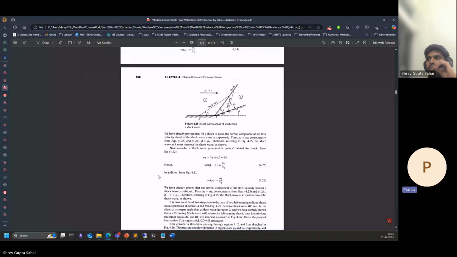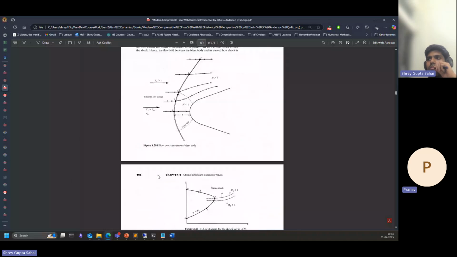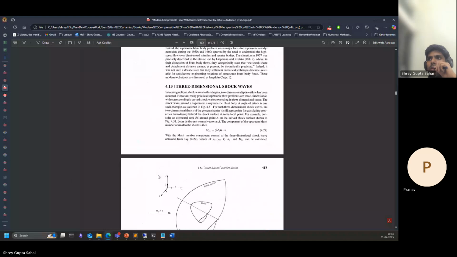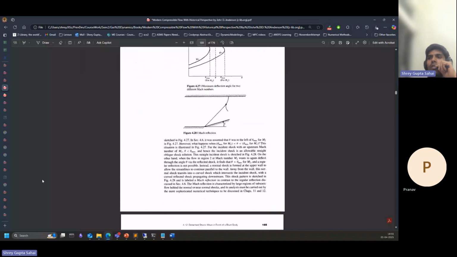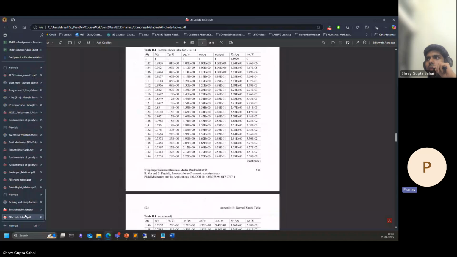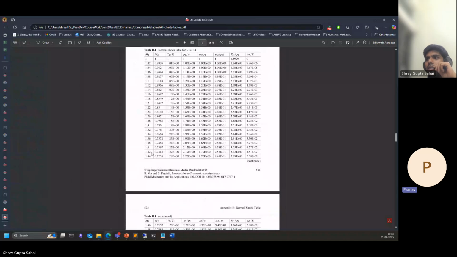For just one oblique shock, P2 by P1 would be a 1.67 ratio. How did you get that? I got frustrated with the tables, so I just opted for an online calculator directly.